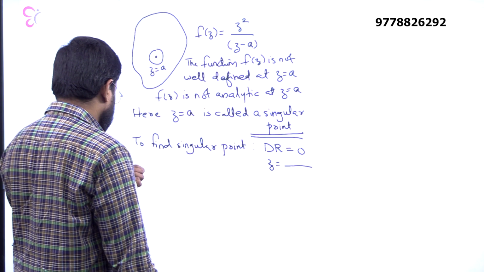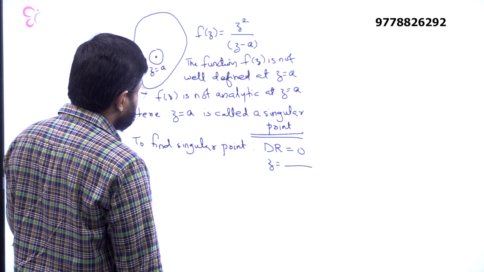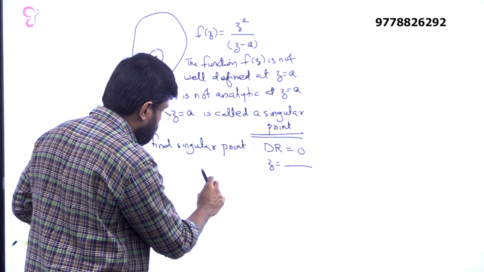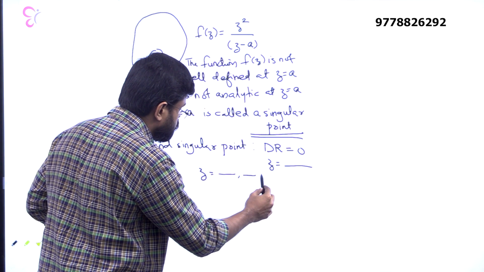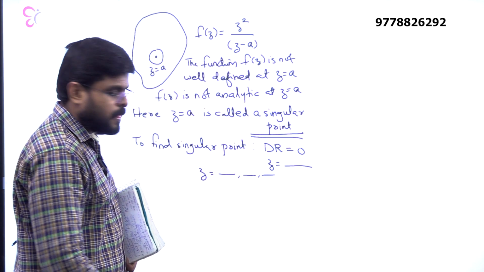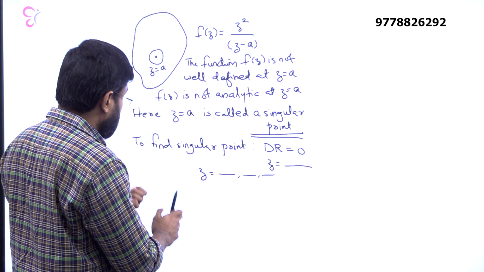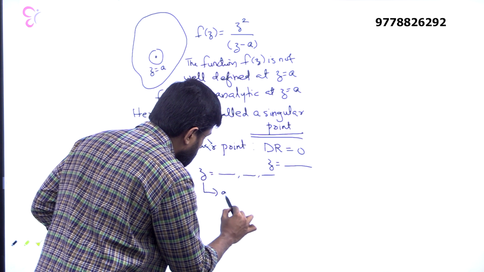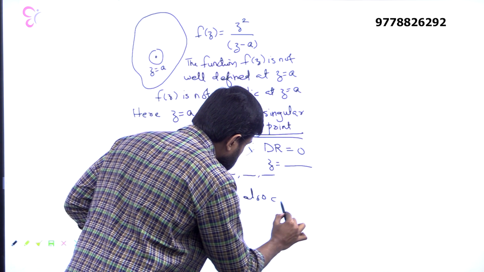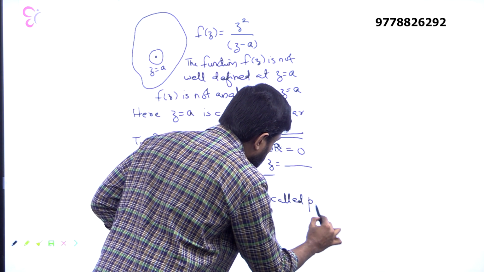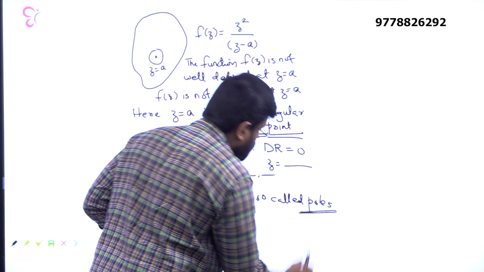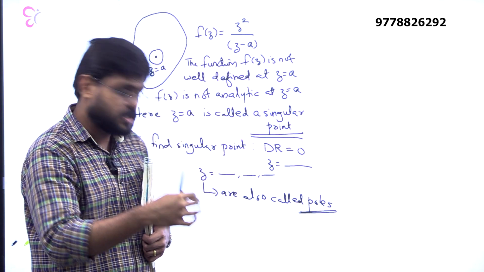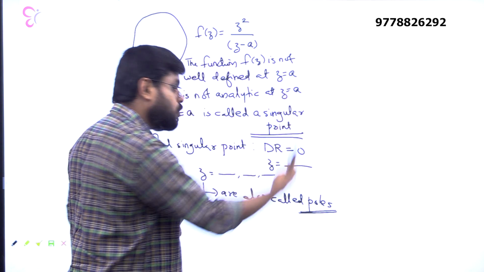There may be 1 or 2 or 3 singular points, and all these are singular points, but they are also called poles. Not all singular points, but singular points are also called poles.